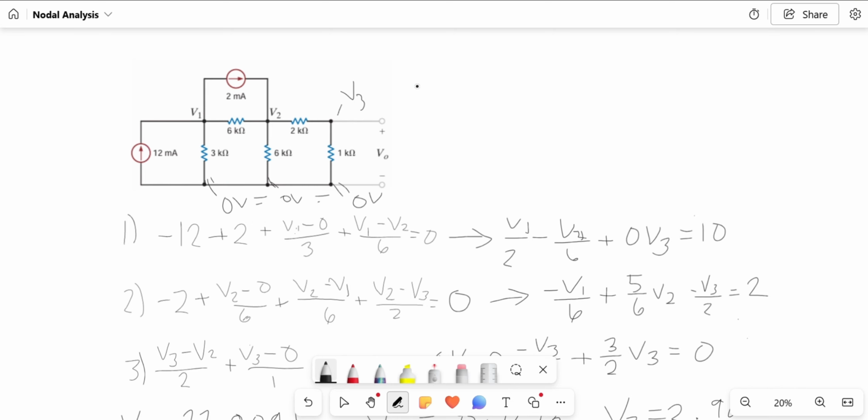Using those values, you see that V naught over here, remember positive minus negative, is equal to V3 minus 0 volts. So V naught equals V3, which equals 2.9091 volts.